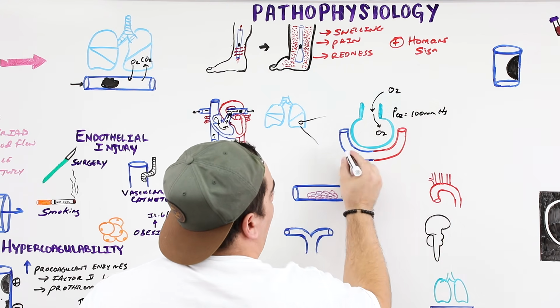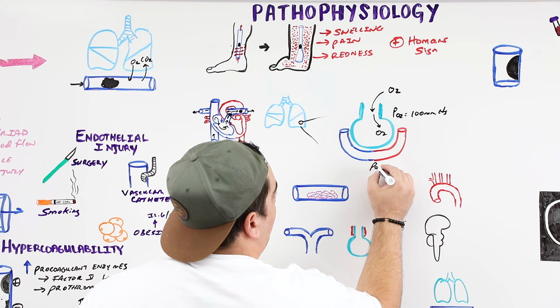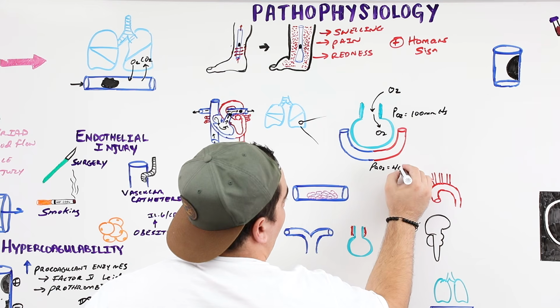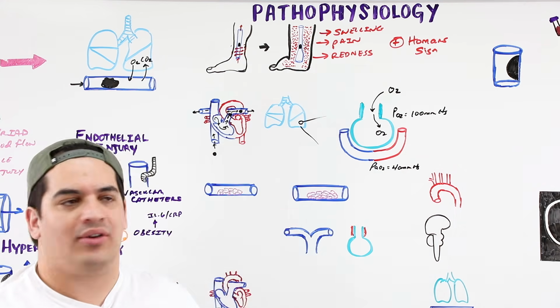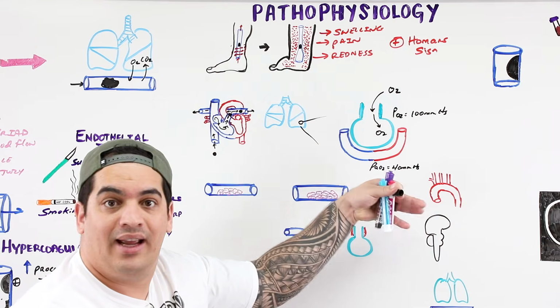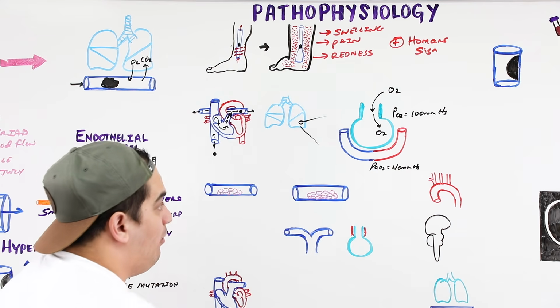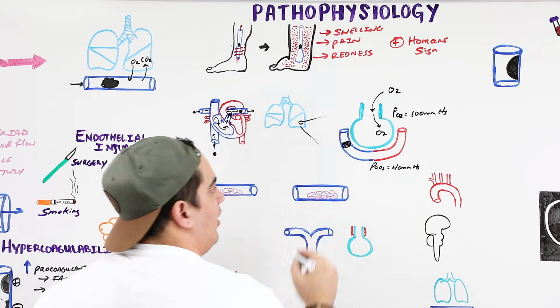And the pulmonary arterial oxygen is usually somewhere around 40 millimeters of mercury, right? And so you have a 100 to 40 gradient here where oxygen easily should move from the alveoli into the blood, right? But you have a clot that's occurring right here.